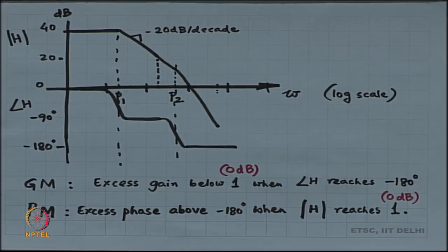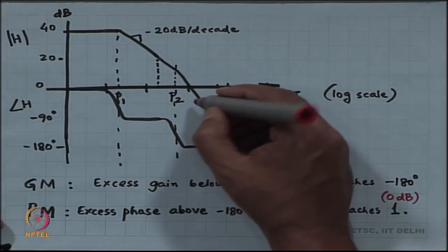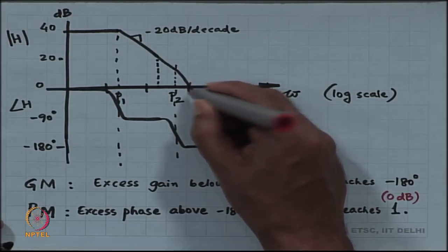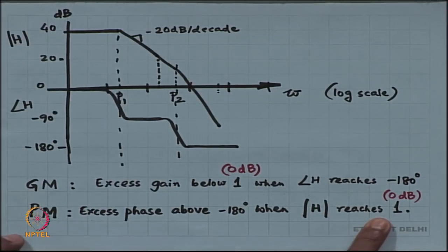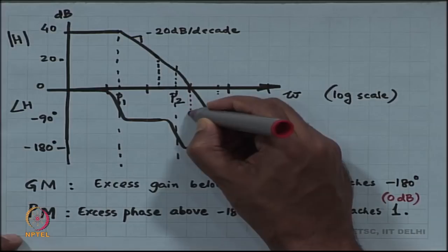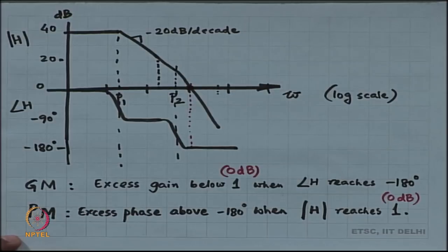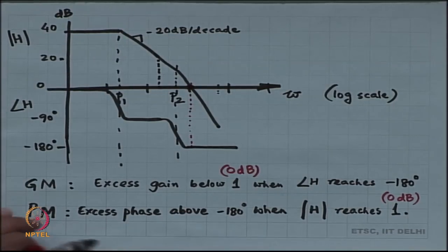All right. Now, let me look at my particular plot over here. I have two poles P1 and P2, and let us try to look at what is the phase margin, for example. So, at the frequency when the gain reaches 1, that is 0 dB, at that frequency my phase is minus 180 degrees, okay, or it is asymptotically reaching minus 180 degrees.